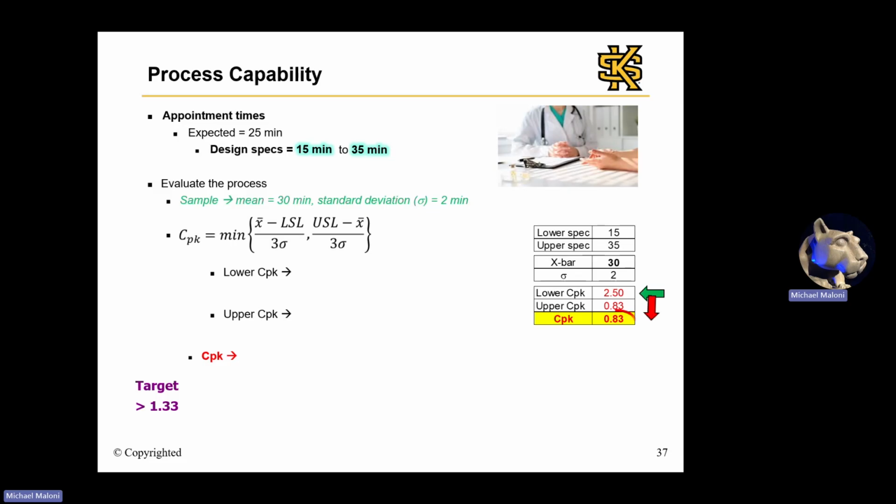So the CPK is 0.83, which is less than the 1.33 target. So this process is not capable of consistently producing within customer specs. Specifically, the upper CPK is problematic. That means appointments will occasionally last more than 35 minutes, that upper spec limit.